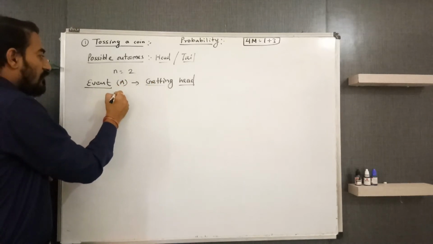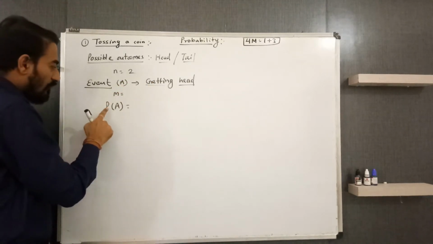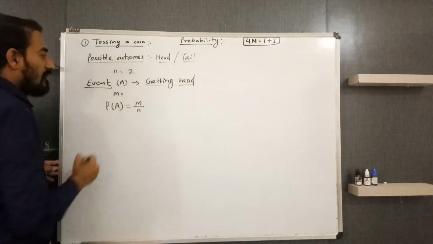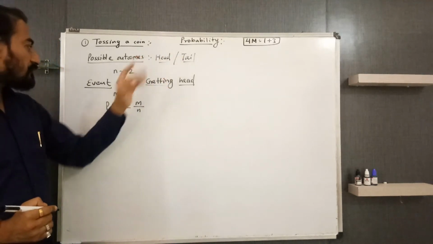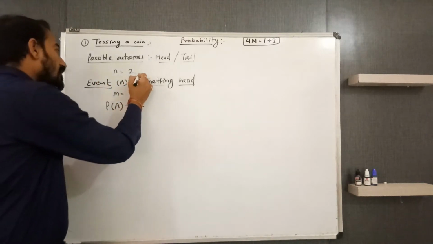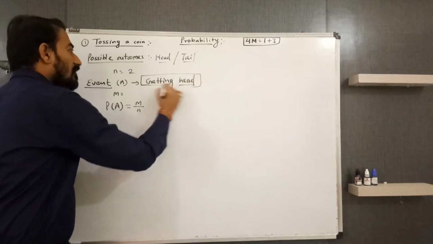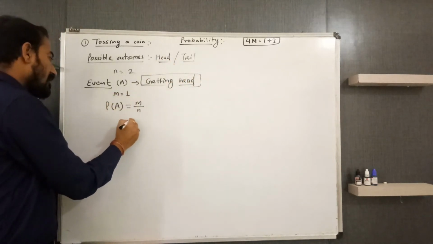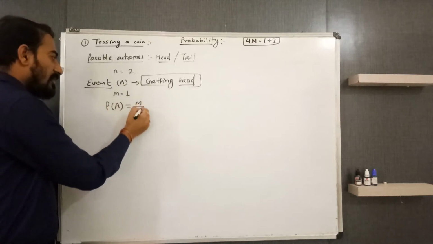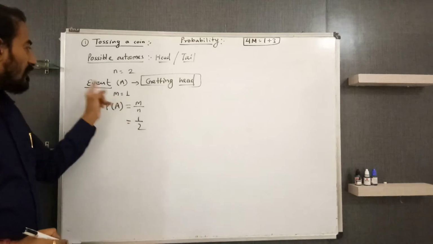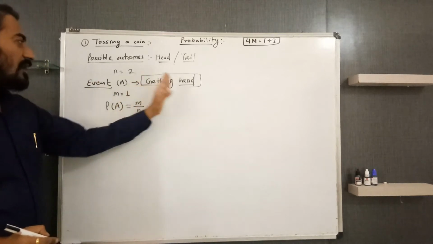For that we have to find m, because to find the probability we have to follow this formula, m by n. Here, how many outcomes are favorable to the event of getting head? Only one. So here m is 1. Then the probability will be m by n, which is 1 by 2. Like this you can obtain the probability of getting head.